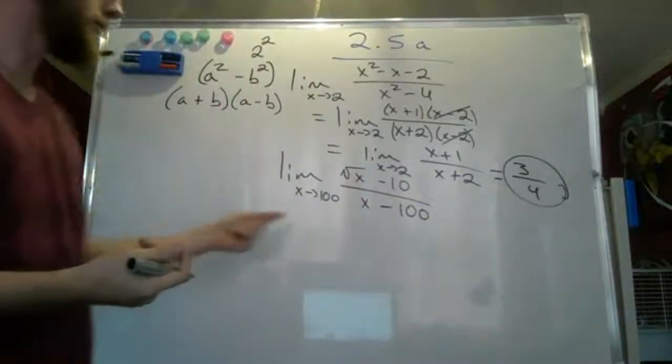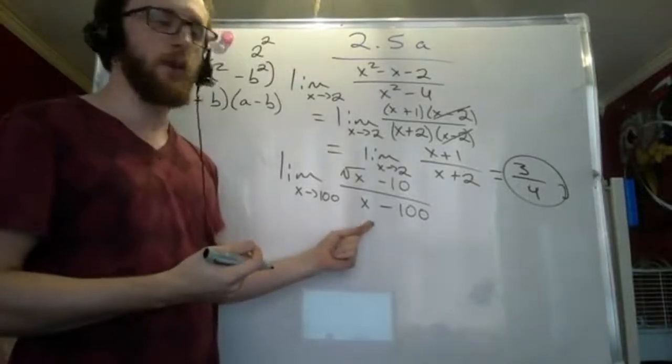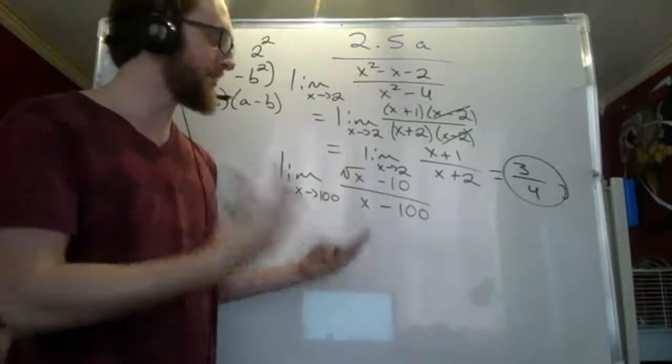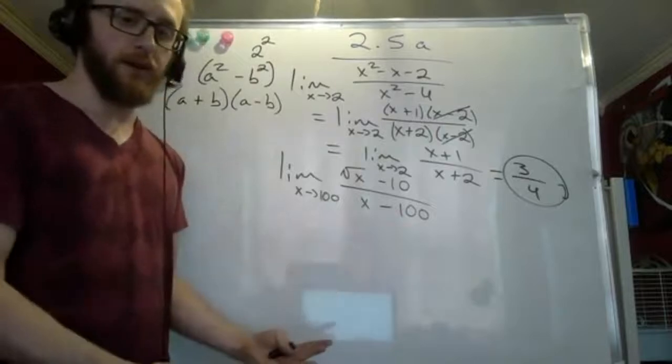We can see here that if I try to plug in 100, 100 minus 100 is 0. Well, that's bad. I can't do that.